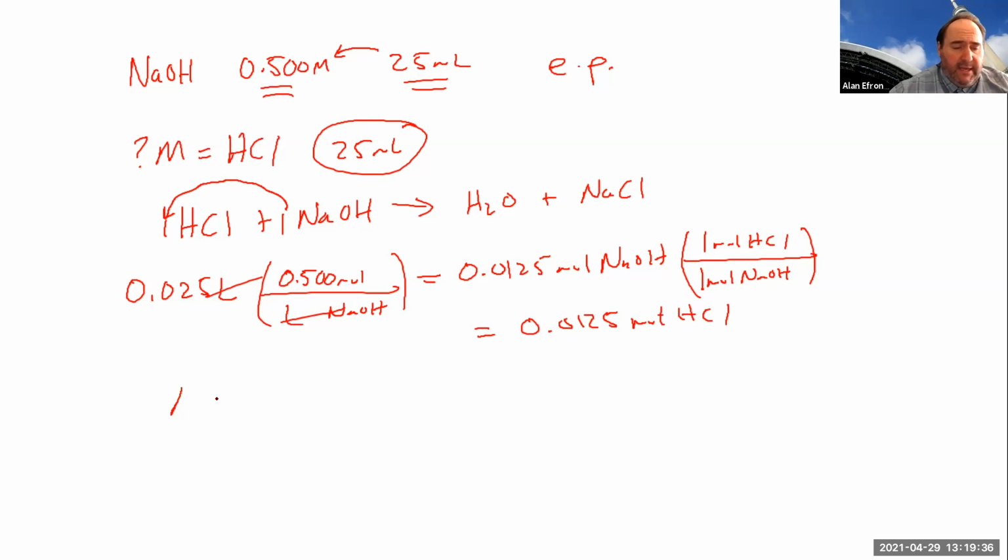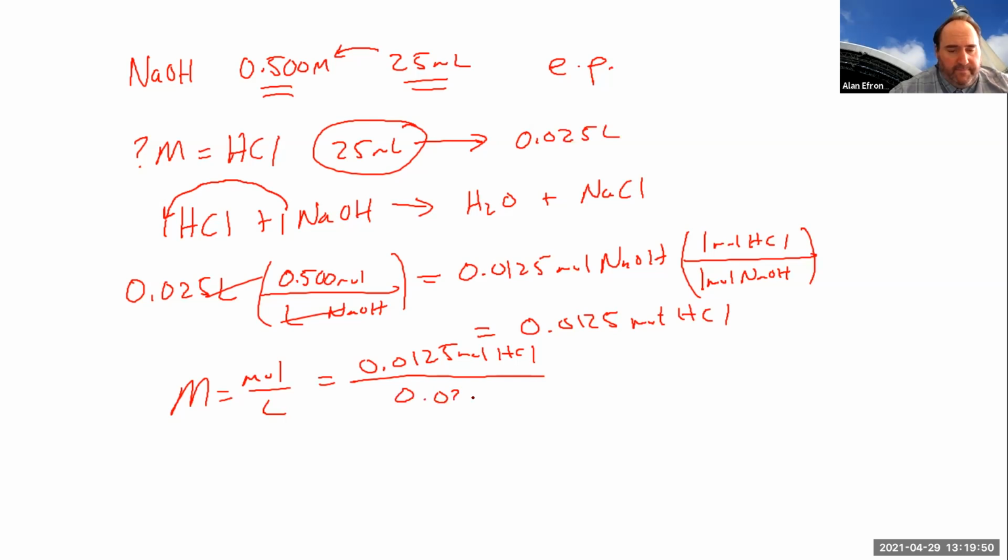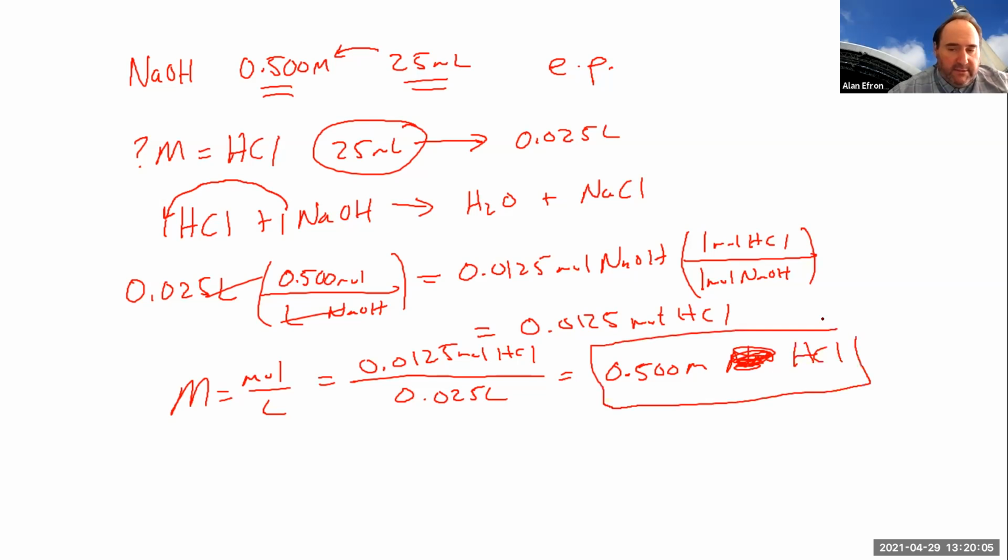That allows me to calculate the molarity of my HCl by taking my moles of HCl and dividing by my volume converted into liters, which happens to be the same there. That gives me 0.5 molar hydrochloric acid as the concentration.